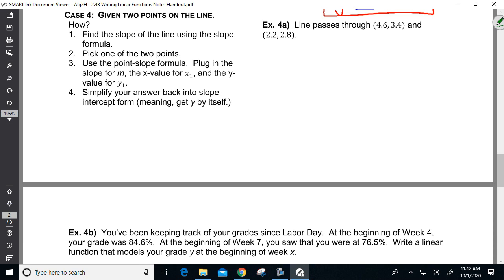So, 2 points means you have an x1, y1, and x2, y2. So the first thing you have to do is find the slope. This time the slope wasn't given to you. So find the slope.